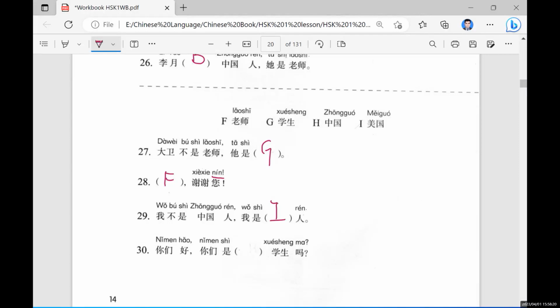Next in 30, Nimen hao, hello, Nimen shi Zhongguo xuesheng ma, are all of you Chinese students? Xuesheng means student. Zhongguo xuesheng, Chinese student. We say Pakistani student, Bajisitan xuesheng. Meanwhile, we can say Faguo xuesheng, French student.